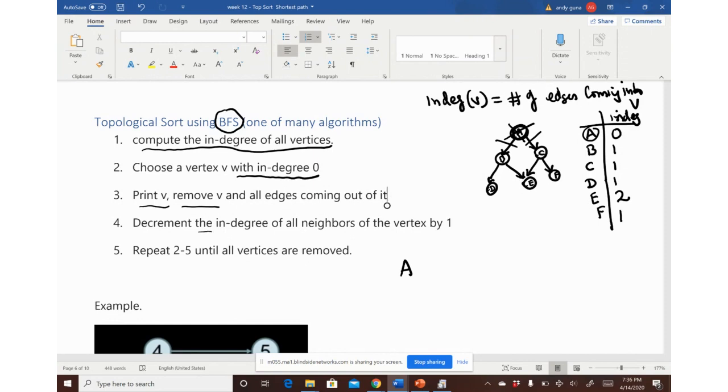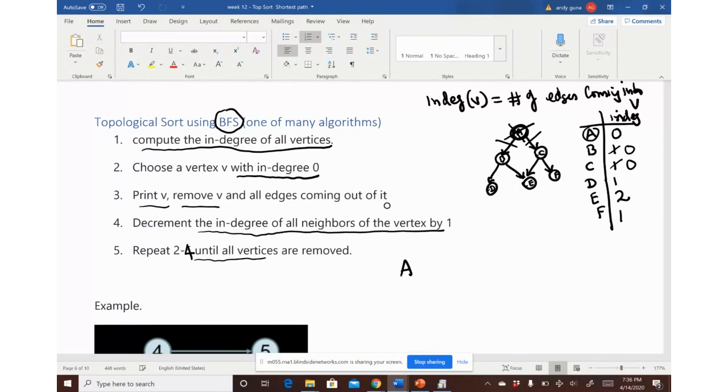Decrement the in degree of all the neighbors of the vertex by 1. So for example, B and C had in degree 1, so we will decrement them by 1, so they become 0. Then repeat steps 2 to 5.